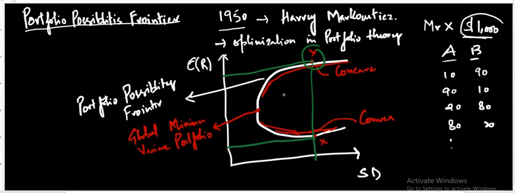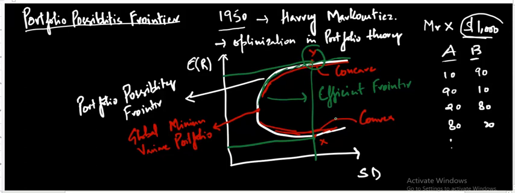In this regard, the above part, that is the concave part, which I am highlighting in green, is known as the efficient frontier, because all the possibilities lying on the efficient frontier give us more returns for the same amount of risk.